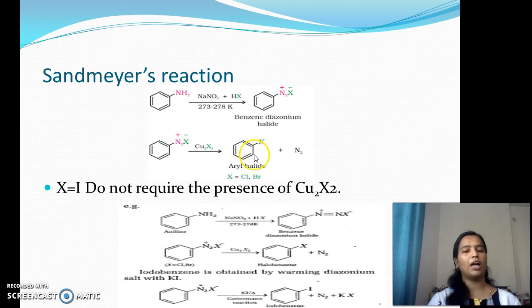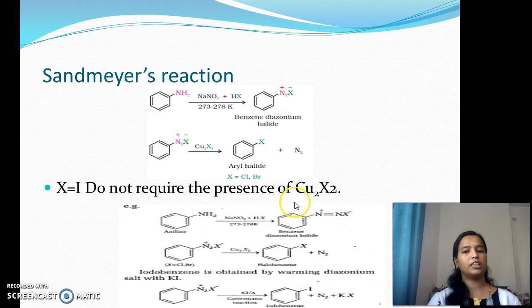So you can prepare aryl chlorides and aryl bromides very easily by using Sandmeyer's reaction. And in the case of aryl iodides, you need not require the presence of copper halides. The first step is the same, that is, treatment of aminobenzene or aniline with hydrogen halide and sodium nitrite to get the diazonium salt.